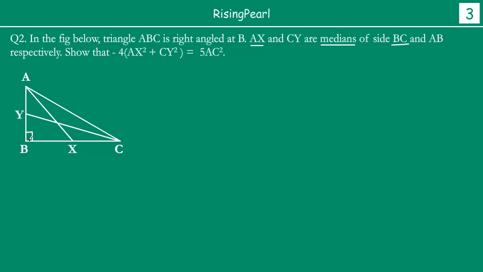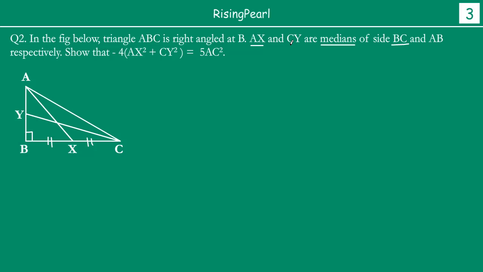It means if you look at the side BC, X is the midpoint. So median is nothing but, if you look at the midpoint of a side and if you join that point to the other vertex, that line is your median. So AX is the median. That means this length is equal to this length. That is, X is the midpoint.